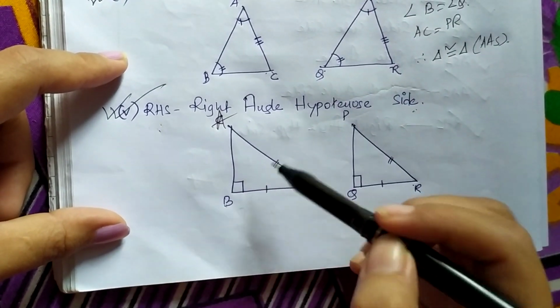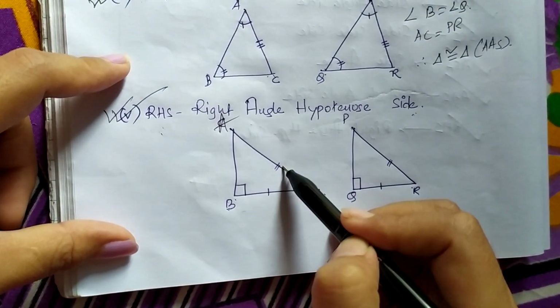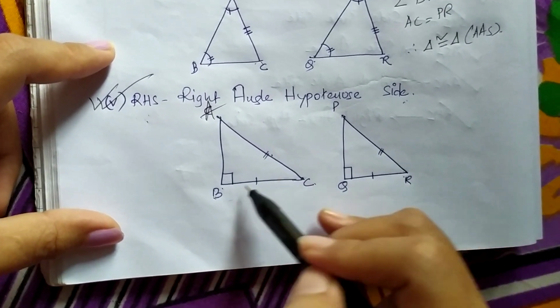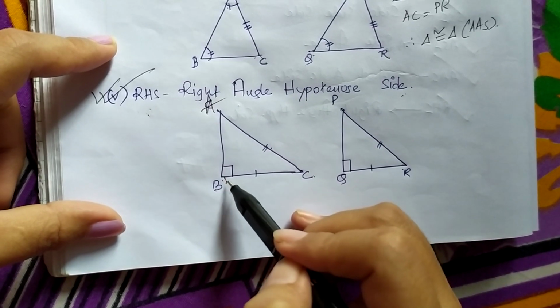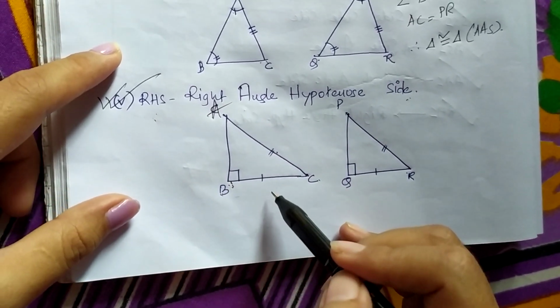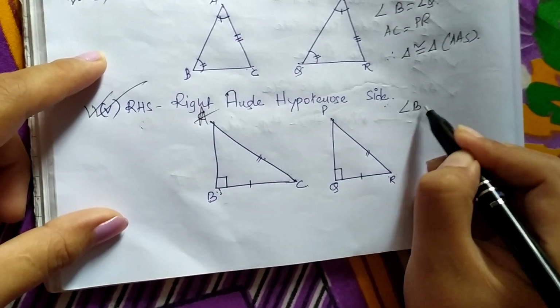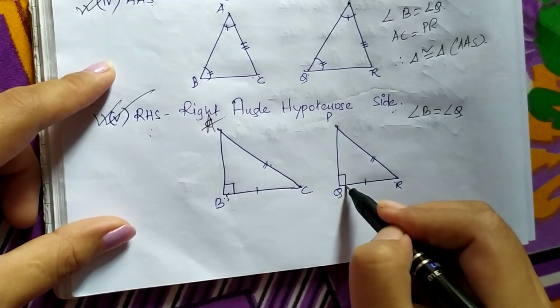Remember students, this rule will only be valid on right angle triangles. Obviously we have one right angle and one hypotenuse in both the triangles. So one angle must be 90 degrees. Here angle B will be equal to angle Q because both are 90 degrees, isn't it?